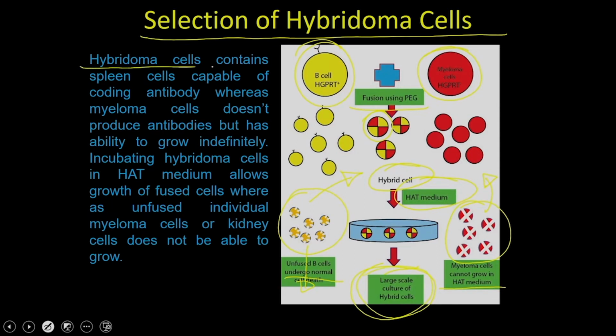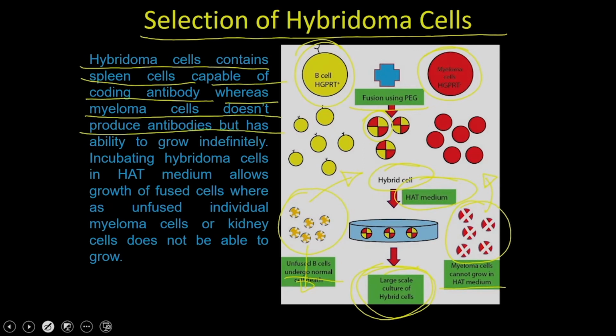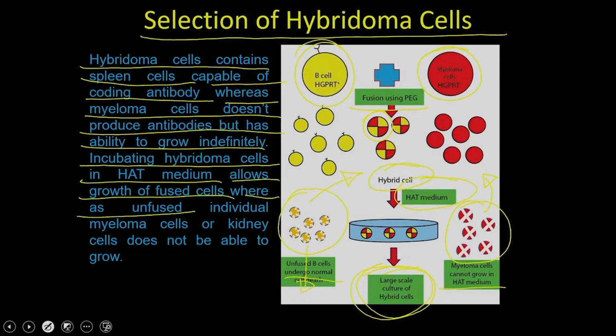Hybridoma cells contain spleen cells capable of coding the antibody, whereas the myeloma cells do not produce antibodies but have the ability to grow indefinitely. Incubating hybridoma cells in HAT medium allows the growth of the fused cells, whereas the unfused individual myeloma cells or the B cells are not able to grow.